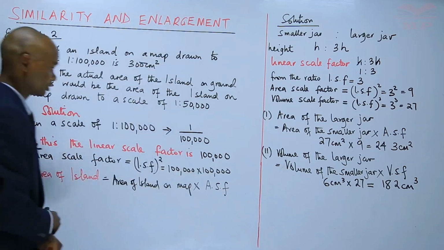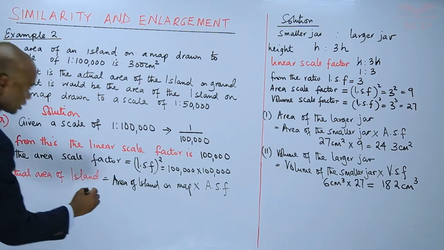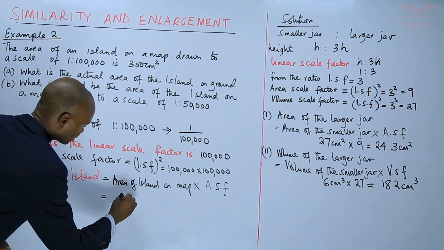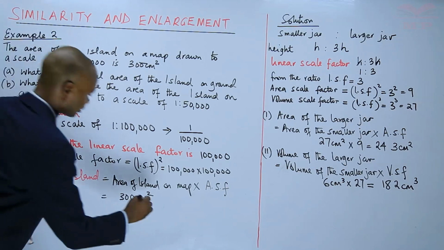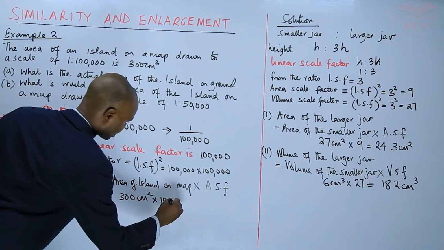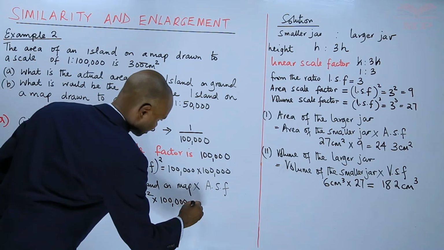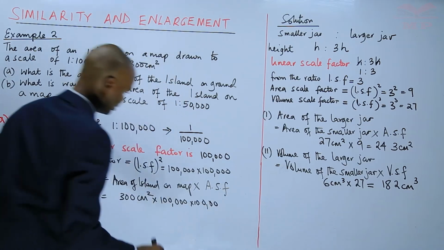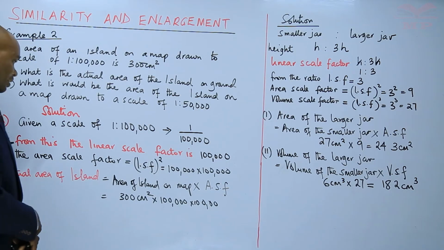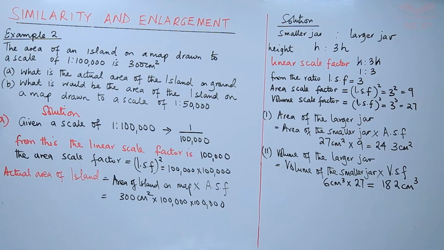The area on the map is 300 square centimeters as given, not 300,000, times the area scale factor, 100,000 times 100,000. This will give you square centimeters.